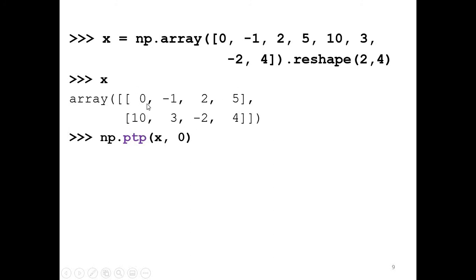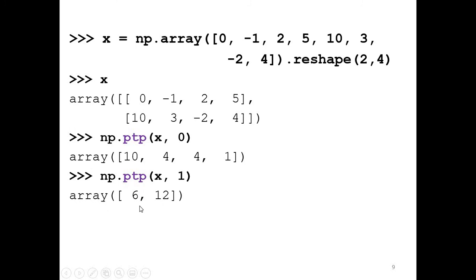The peak to peak of this column will be, of course, 10. Peak to peak of this column will be 3 minus 1, that means 4. Then 5 minus 4 equal to 1. Now if you write ptp(x, 1), that means the peak to peak value of each row. It will be 5 minus 1, that means 6, and 4 minus 2, that will be 12.